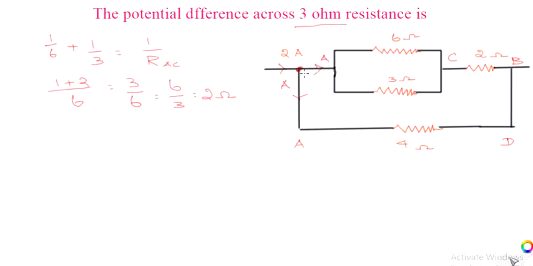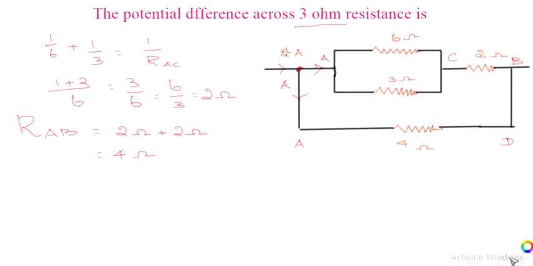Therefore, the resistance between AB is equal to 2 ohm plus 2 ohm, because this is 2 ohm and this is 2 ohm, both in series, which is equal to 4 ohm between AB.